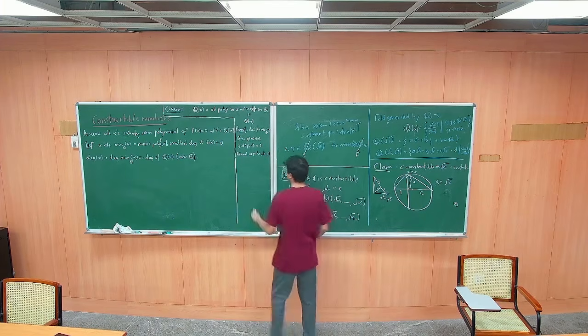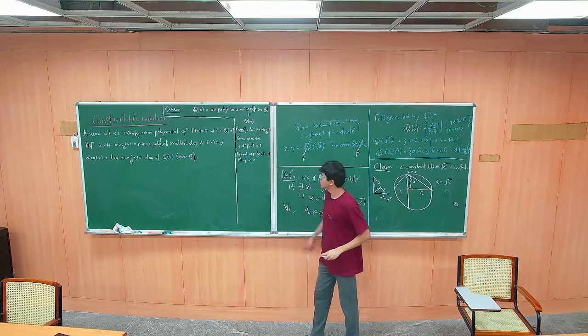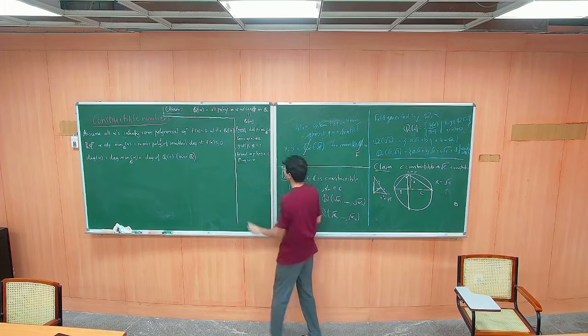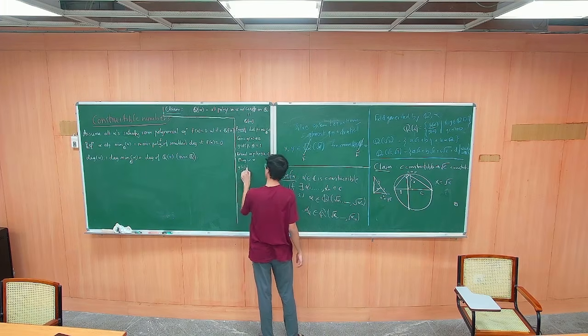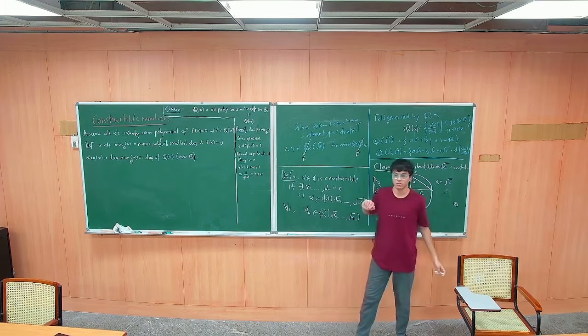And now plug in alpha. This term is going to die because p is the minimal polynomial. What you get is g(alpha) times h2(alpha) is 1. And therefore 1 by g(alpha) is already in your polynomial ring.